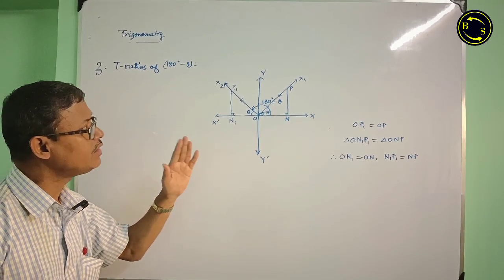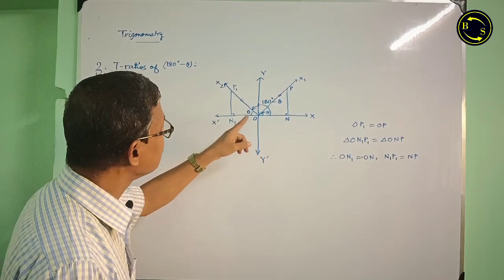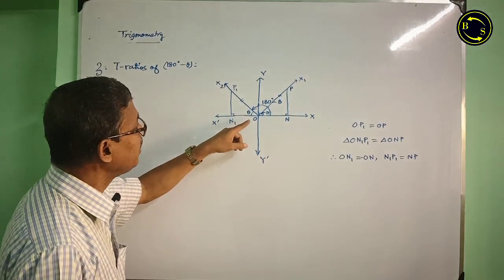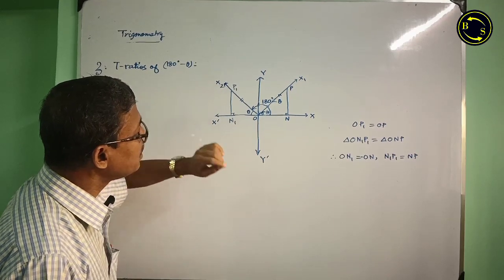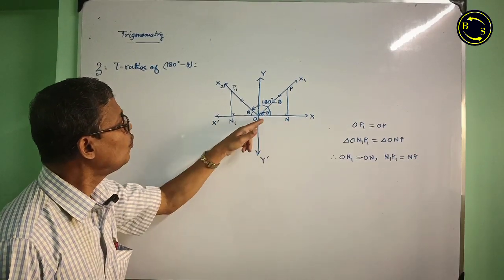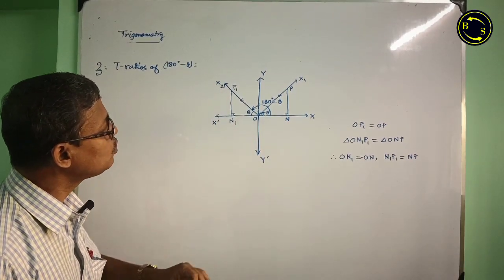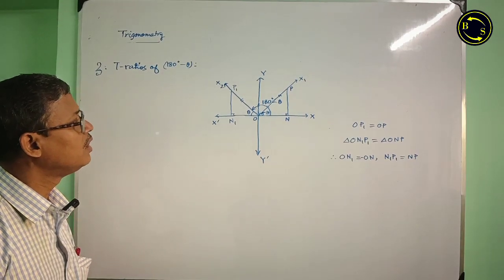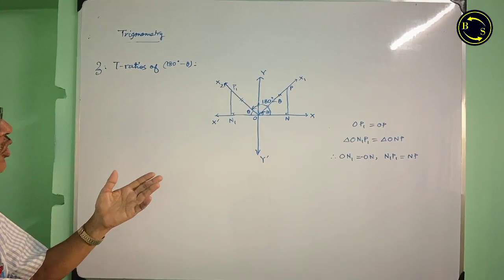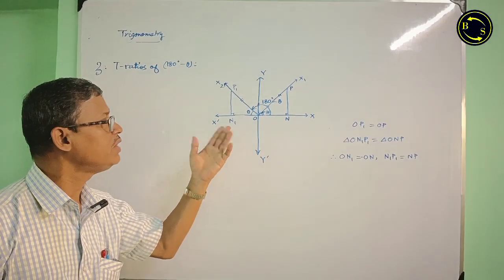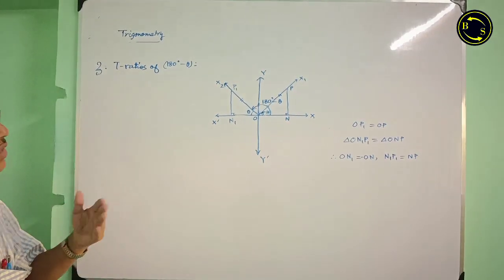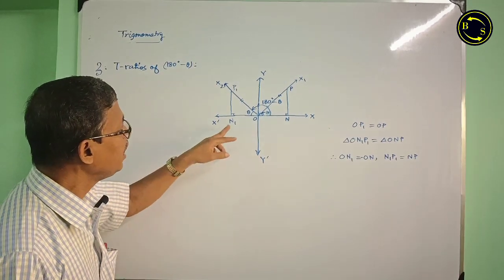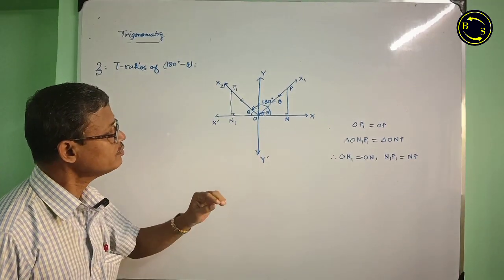Then it comes back by the angle theta and comes to the final position OX2, so that angle XOX2 will be equal to 180 degree minus theta. Now, the trigonometrical ratio of 180 degree minus theta will be same as that of the angle N1OP1.